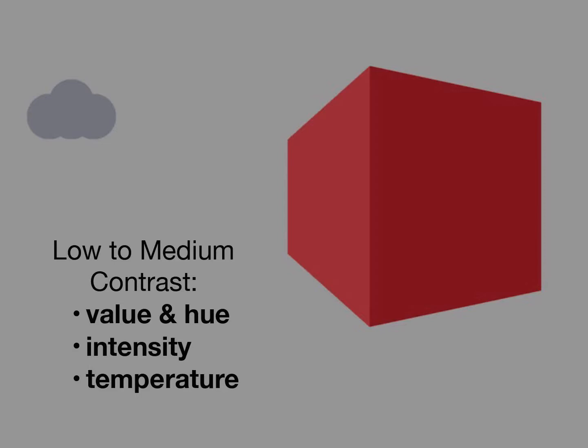When you look at the same block and you look at the illuminated side, you're going to have a lower contrast than we did in the one with strong lighting. So you have a low to medium contrast in value and hue, intensity, and in temperature.